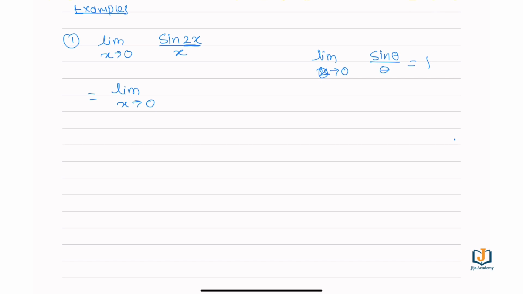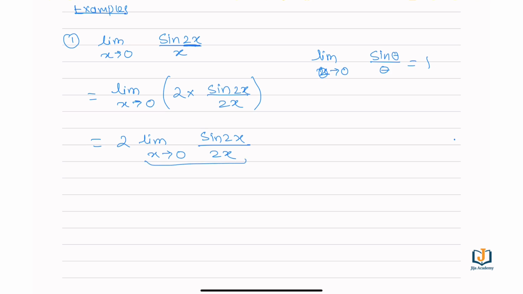Here is a 2x, so we require sin 2x divided by 2x, but here is an x, so we are multiplying by 2. So we get 2 limit x tends to 0 sin 2x upon 2x, and this whole is equal to 1. So 2 into 1 is equal to 2. So the answer is: limit x tends to 0 sin 2x upon x is equal to 2.